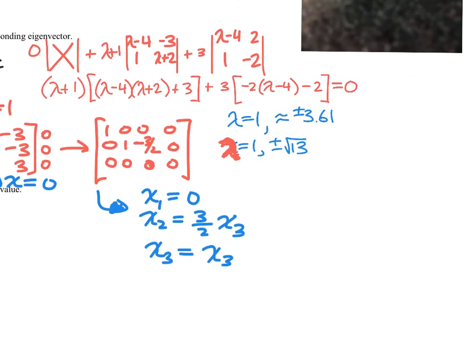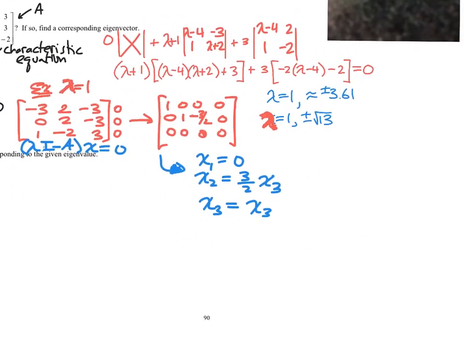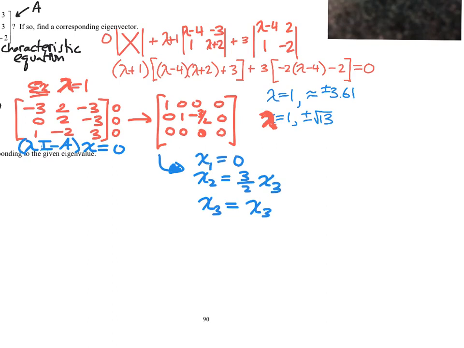And so what we're going to get as a final result for this particular eigenvalue is the corresponding eigenvector x equals x sub 3 multiplied by 0, 3/2, 1.